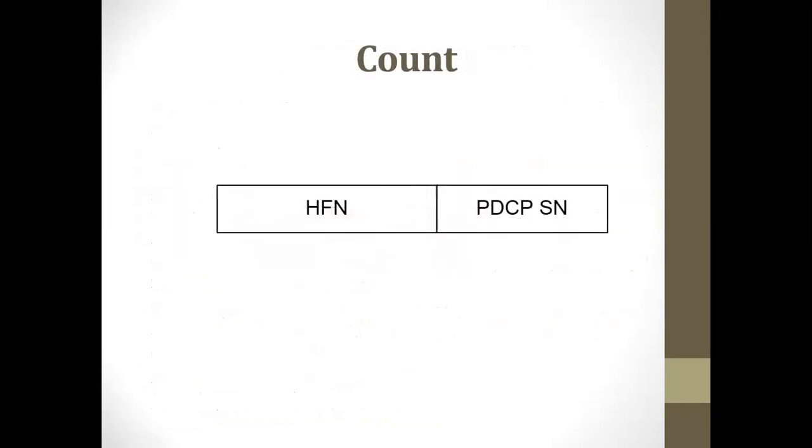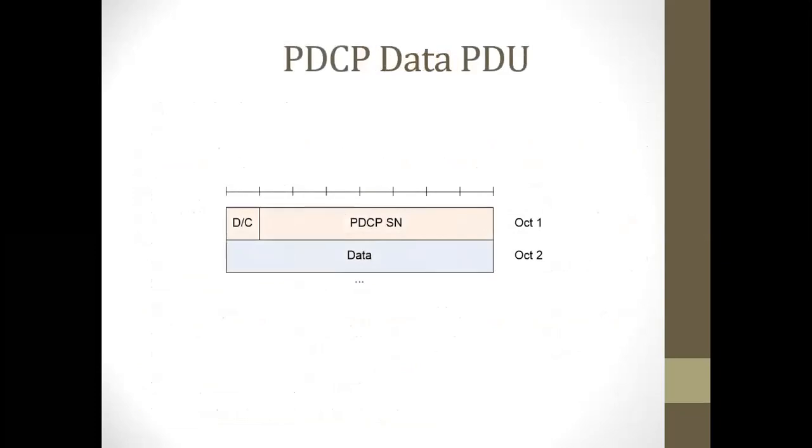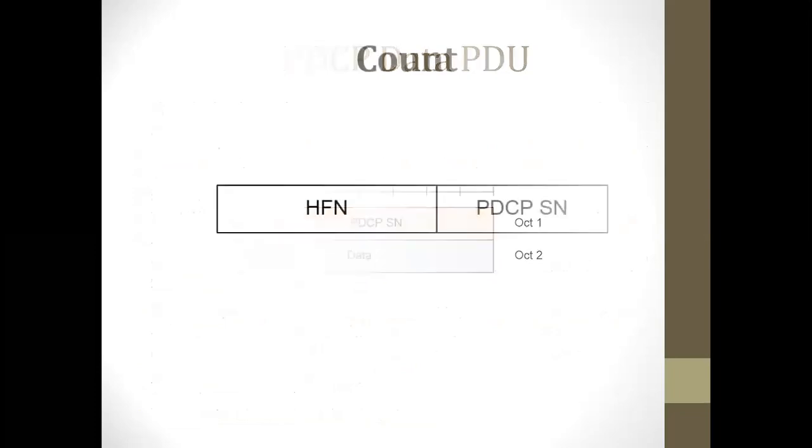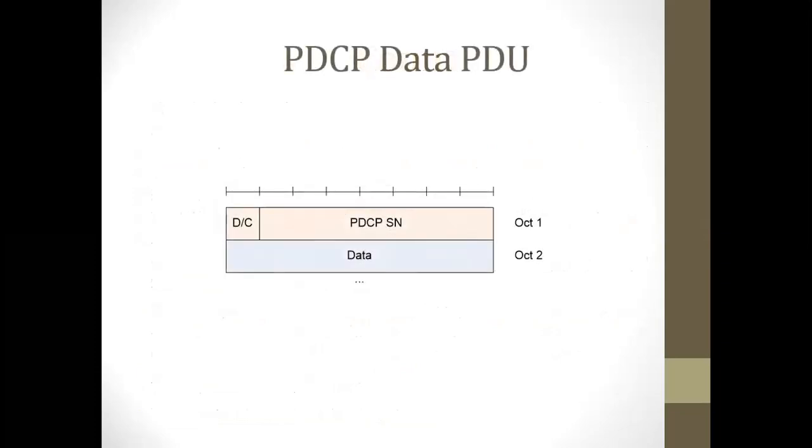The PDCP packets are generated this way: on top of the data you have a sequence number, the PDCP sequence number. The D/C field indicates whether it is user plane data or control plane data. See that for PDCP, the data packet has a very simple configuration.